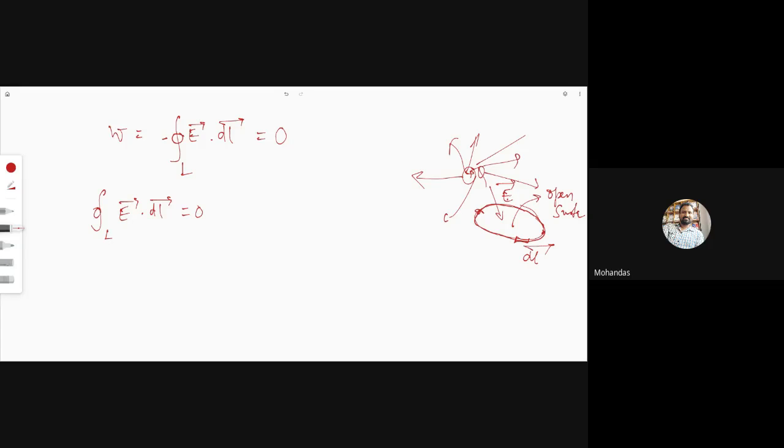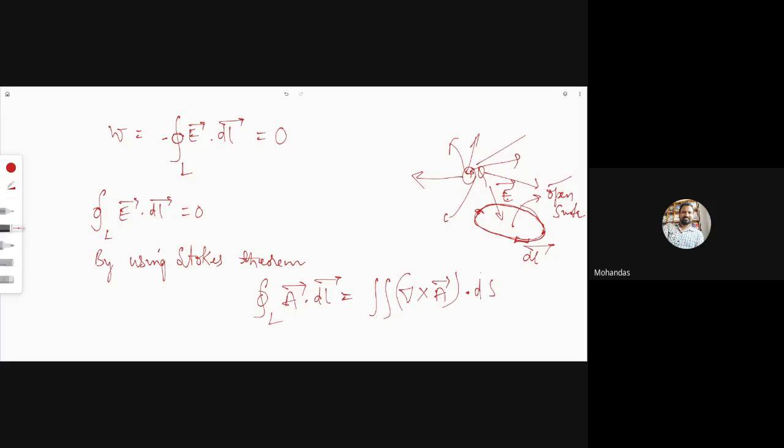And we can convert this closed path into an open surface by using which theorem? By using Stokes theorem, we can convert the closed line integral A dot dl into an open surface integral, the surface integral of del cross A dot ds.